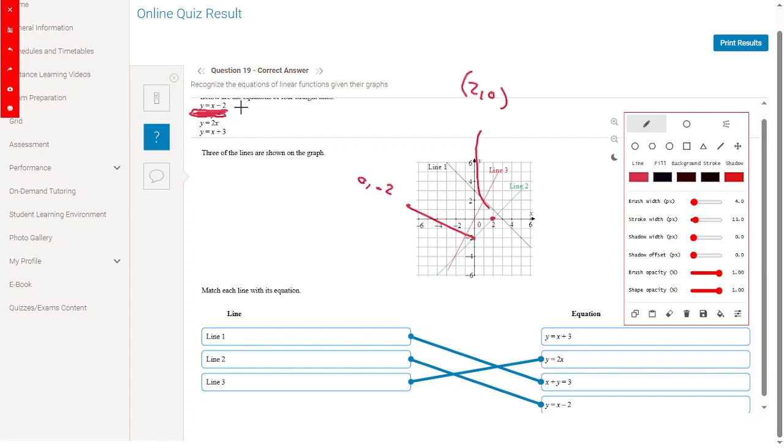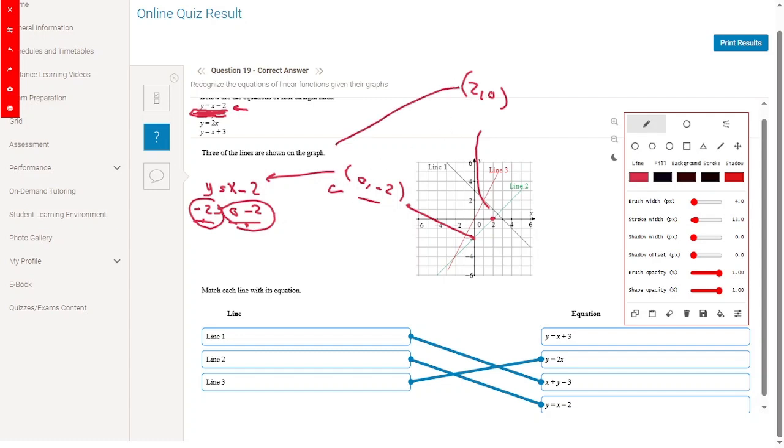Now let's take this one, y equals x minus 2. Let's substitute one of these points in the equation. x is 0 and y is minus 2, and 0 minus 2 is minus 2. The left-hand side equals the right-hand side, so this can be okay.